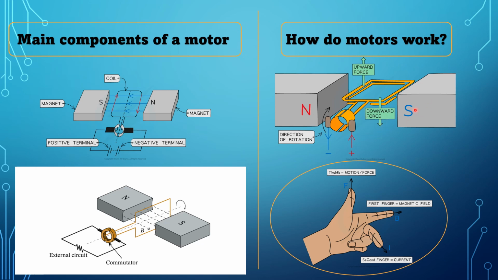So it's going to rotate around, and this causes the motor effect that we previously talked about. And this is how they basically work, and they rotate around constantly. In the next slides, we're going to be talking about how to use Fleming's left-hand rule to know how they rotate, and which components we use to make sure that we are right about their rotation.